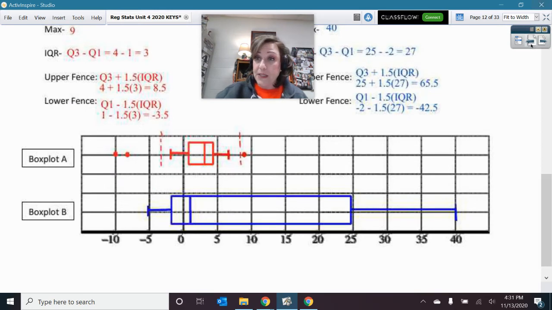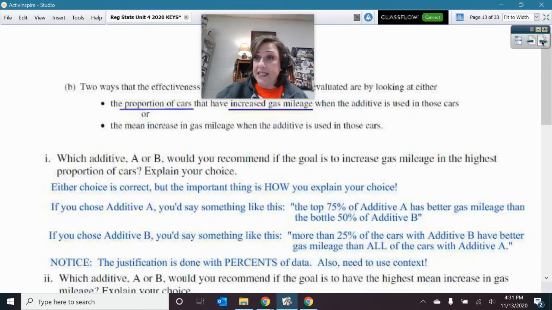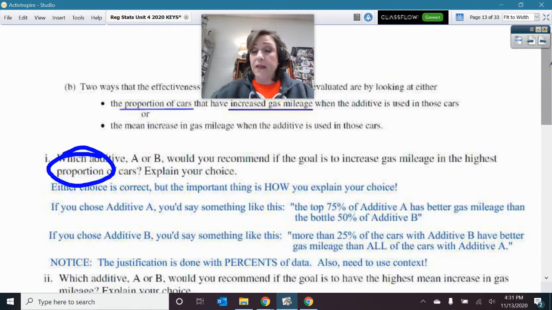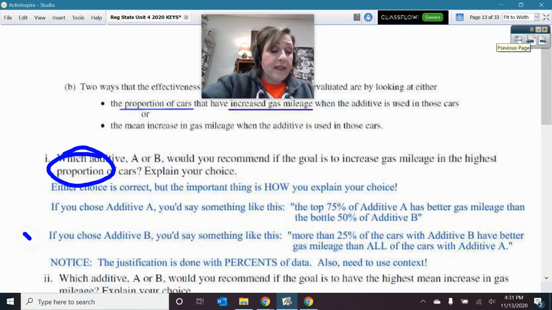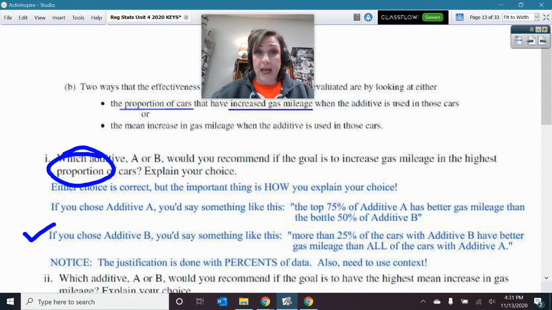Now, on the next page, first it's asking about which one is showing better gas mileage. Each part has different criteria. This first part is showing the criteria being the various proportions of data. Truly, I think additive B is the one that on AP, this was a free response question, they wanted you to go with.